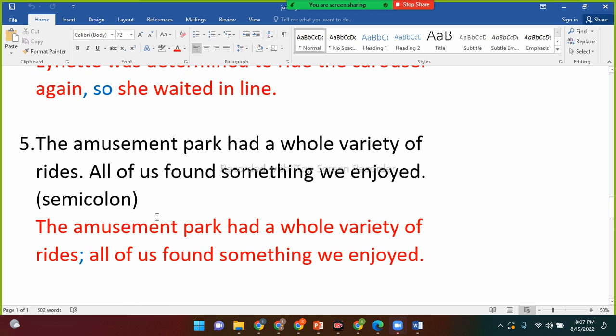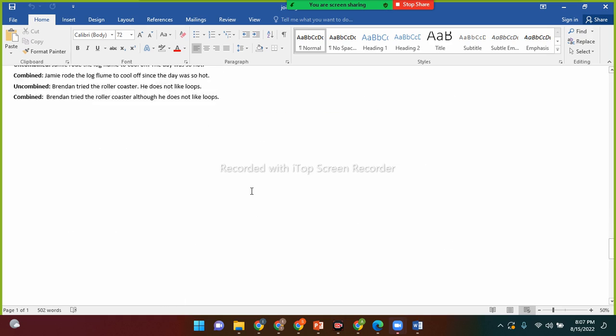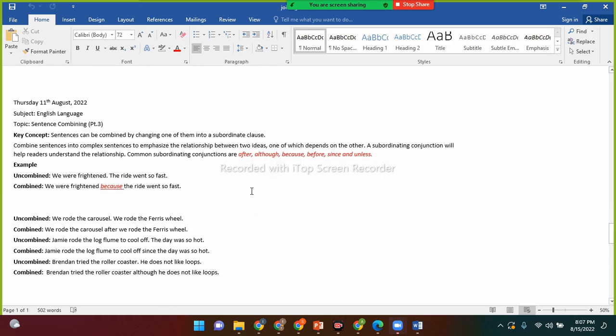Okay, so we were looking at sentence combining using the subordinating conjunctions. All right.